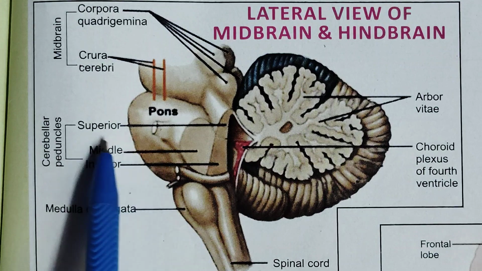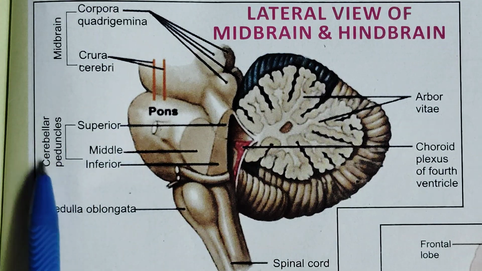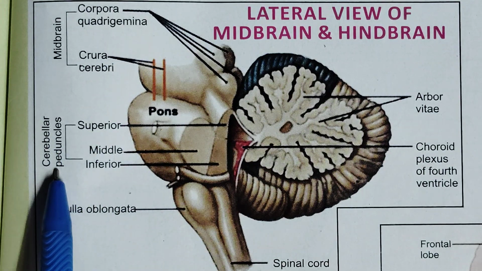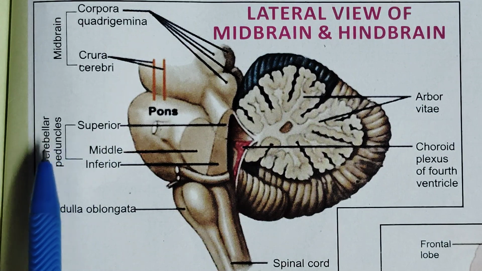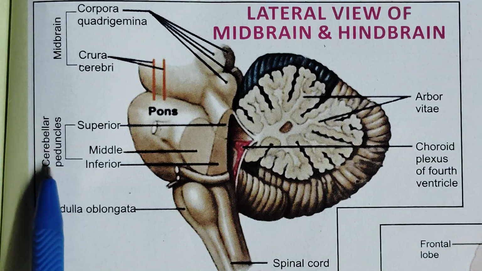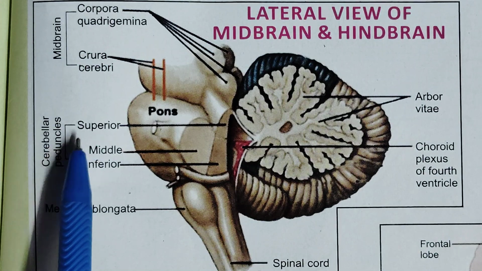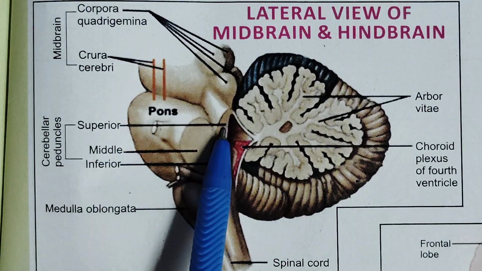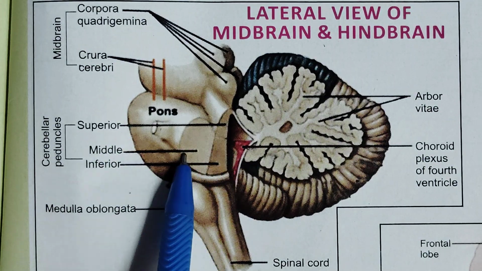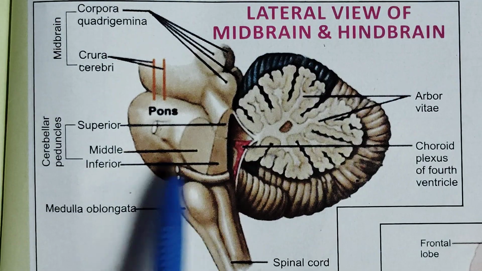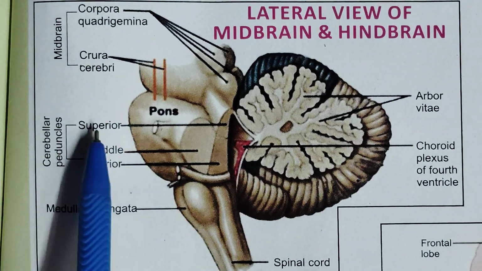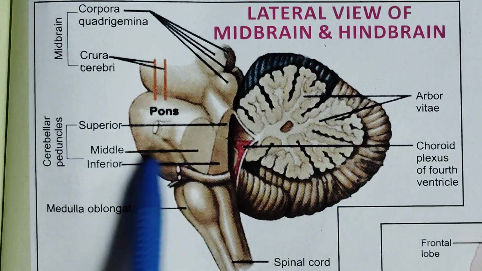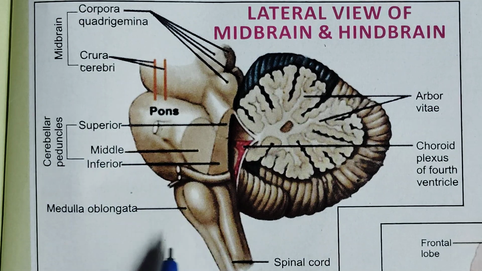Next is the cerebellar peduncle. It has three parts: superior, middle, and inferior.